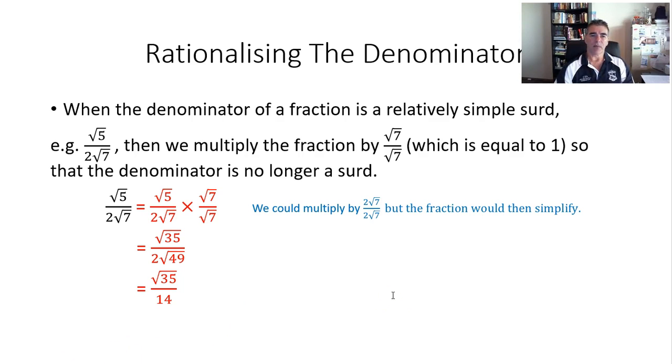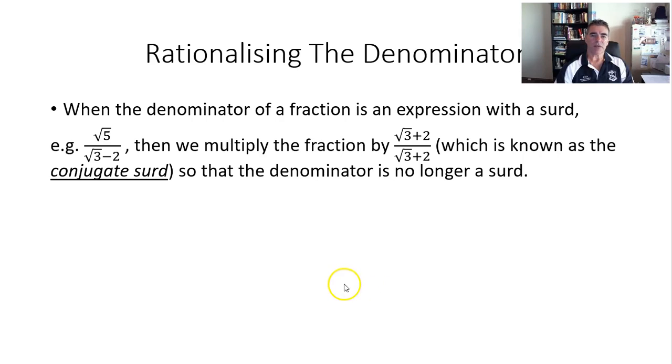Let's make them a little bit harder. What happens if the denominator is actually an expression with a surd in it? So we've got a minus or a plus in there to make it an expression. What we have to do is multiply by that same denominator except with the opposite sign. So we've got a minus sign here, so we've got a plus sign there.